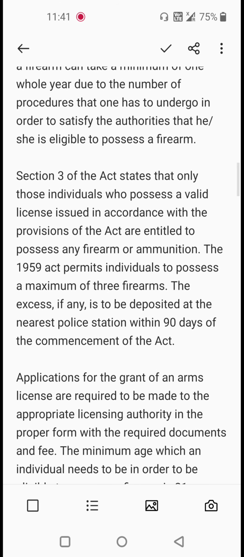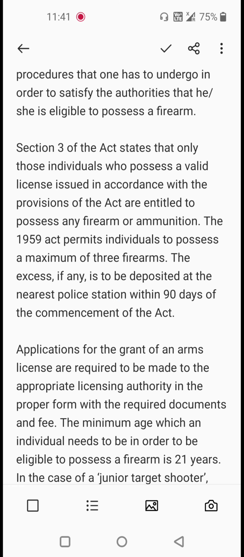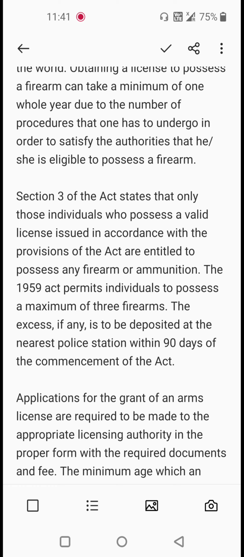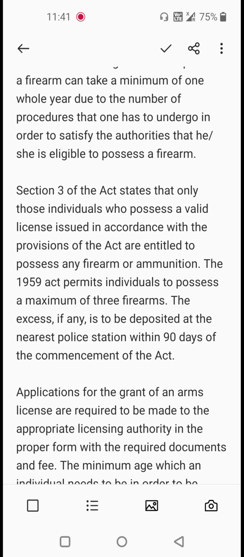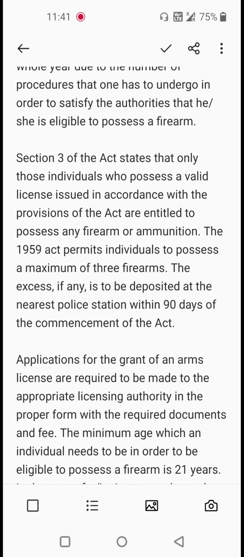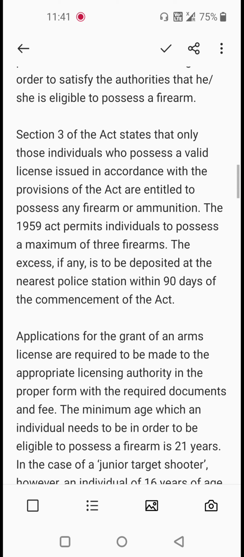What is Section 3? Section 3 of the Act states that only those individuals who possess a valid license issued in accordance with the provisions of the Act are entitled to possess any firearm or ammunition. The 1959 Act permits individuals to possess a maximum of 3 firearms.